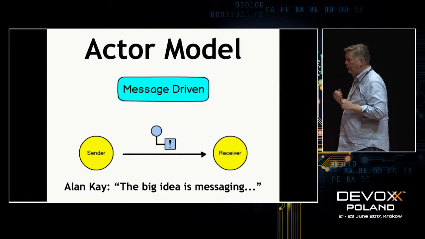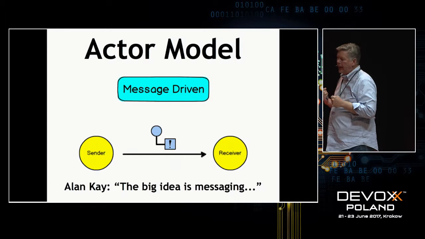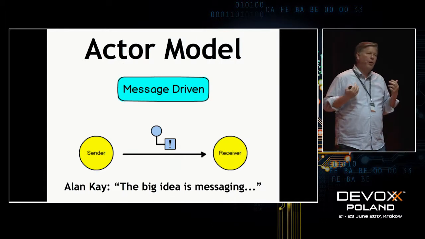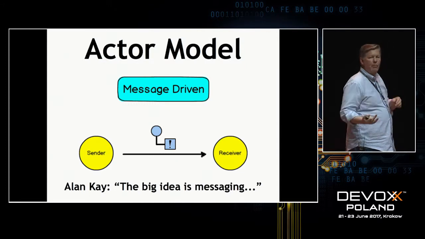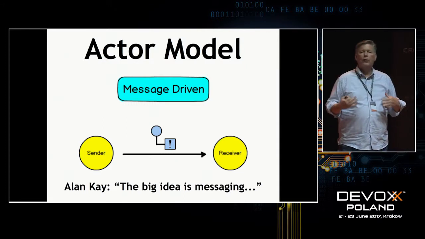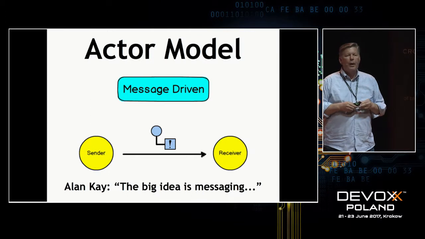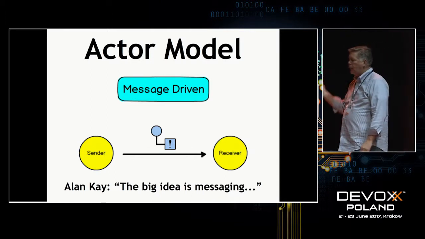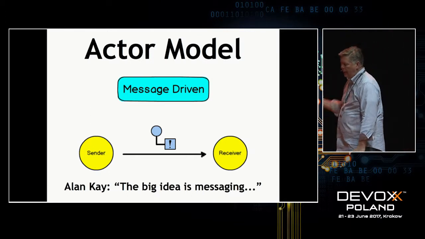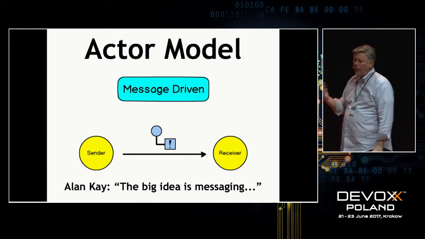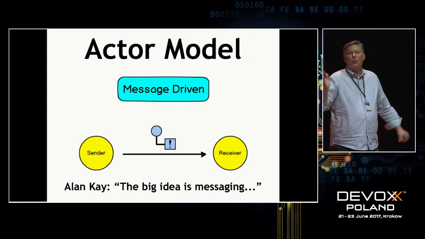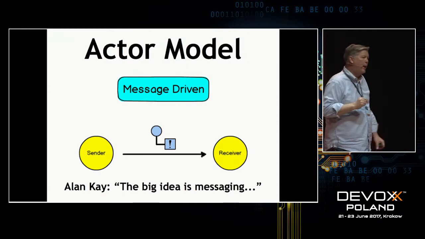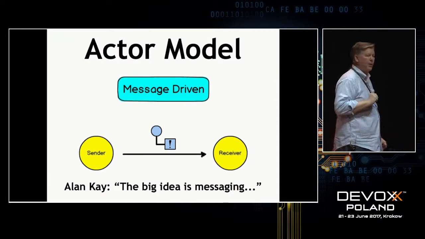Neither does the server or receiver block. That is because messages are sent asynchronously. So instead of invoking methods on an object, we are sending messages to objects. But other than the fact that we've decoupled temporarily the exchange of requests between a client and a server, there's really not much difference between an actor and an object.